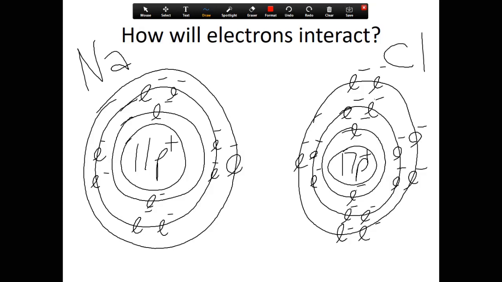And in this case, we have the perfect recipient here. That would be the chlorine atom, because chlorine has 7 valence electrons, only looking for 1 more. So what happens in this case is sodium will donate its valence electron to chlorine.